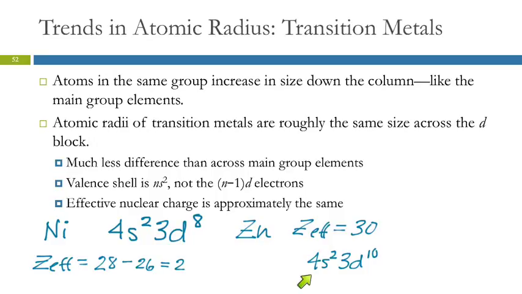It has 30 total electrons, 2 valence electrons, so the difference is 28. Those are the core electrons. So 30 minus 28 equals 2. The effective nuclear charge for nickel and zinc is the same. The electrons are in the same principal levels, and so based on this, we'd predict that there's no difference in size.